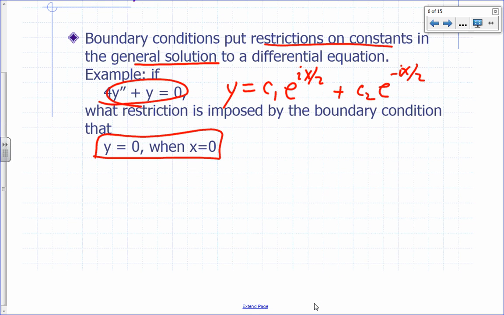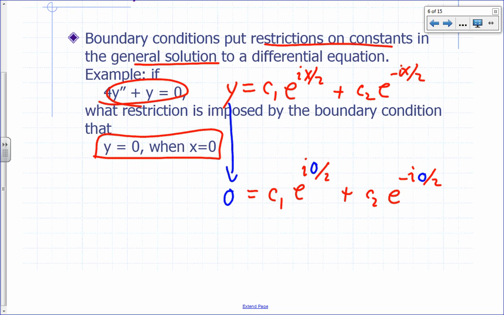When you impose your boundary condition, you're going to say y is 0 when x is 0, right? So y equals C1 e to the i times 0, divided by 2, plus C2 e to the negative i times 0, divided by 2.